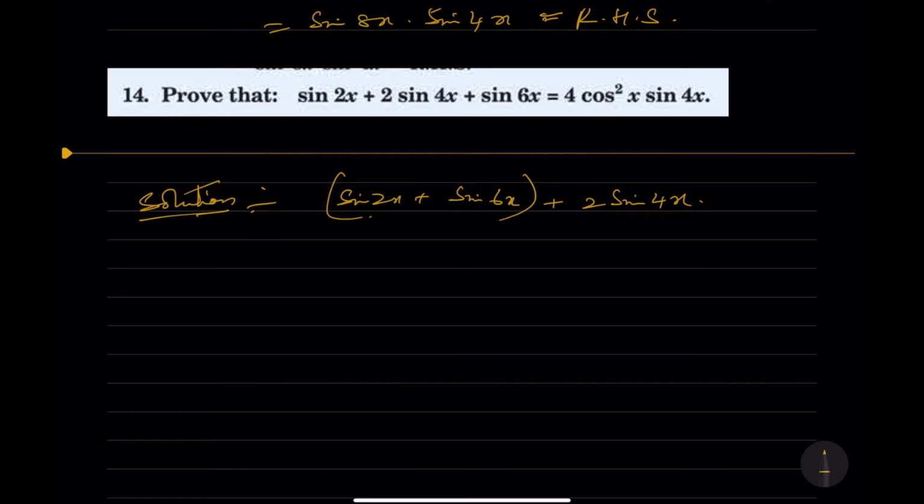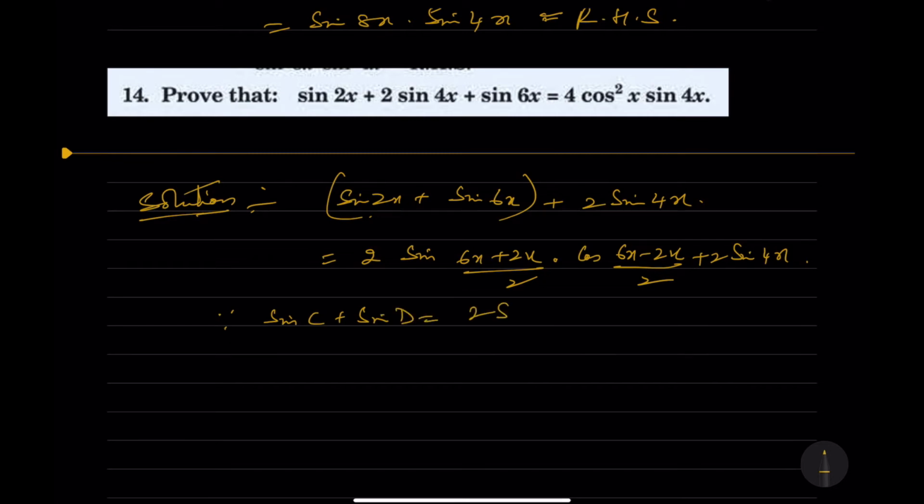Now sin 2x plus sin 6x can be written as 2 sin((6x plus 2x) by 2) into cos((6x minus 2x) by 2). So this is equal to 2 sin(8x by 2)... we are using the sin c plus sin d formula here, which is equal to 2 sin((c plus d) by 2) into cos((c minus d) by 2).